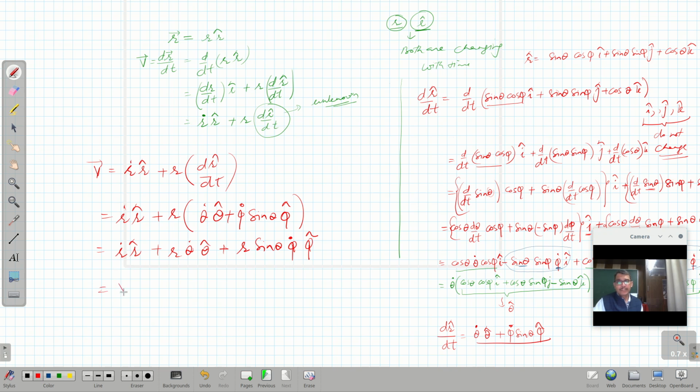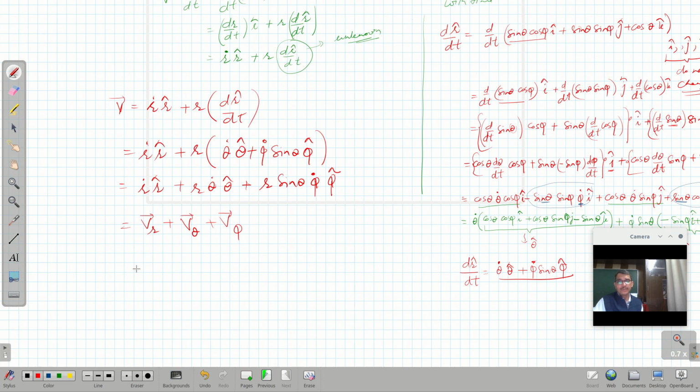So here this can be written as V r vector plus V theta vector plus V phi vector. So V r is equal to r dot, and V r vector is equal to r dot r cap.